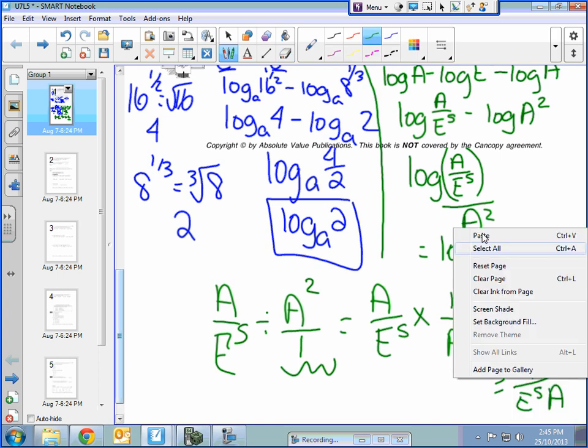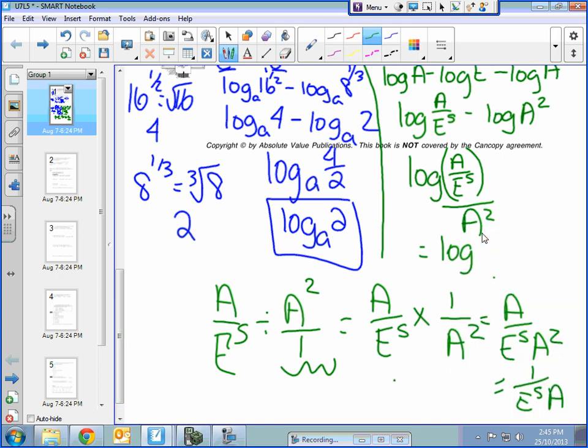This a cancels out with that squared. This is your answer. This 5 is an exponent.